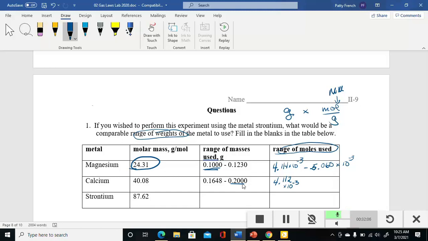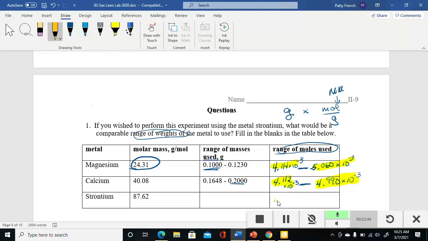And the 0.2, the upper end of the range, gave us 4.990 times 10 to the minus third. Now, if we look at these things, both of them have a lower end of their range which is very close to 4.1. And both of them have an upper end of their range that's very close to 5.0 times 10 to the minus third.